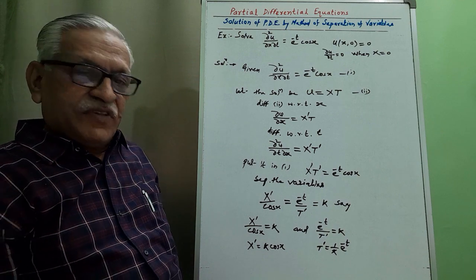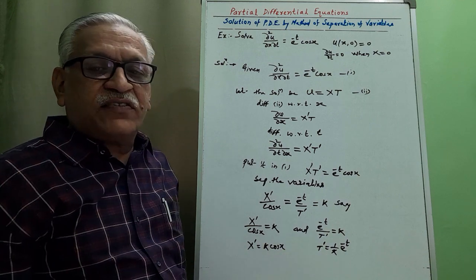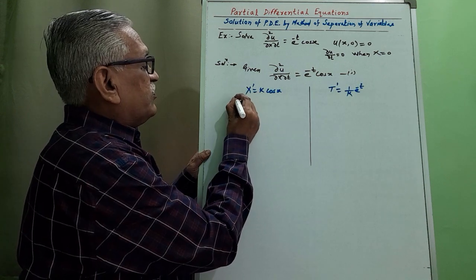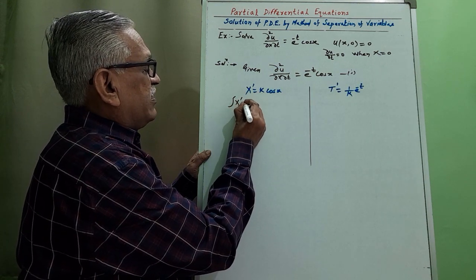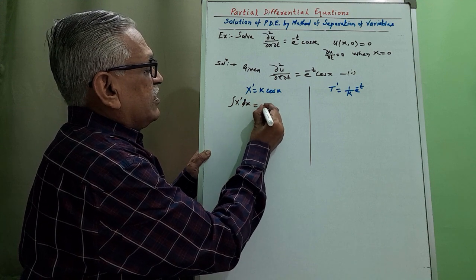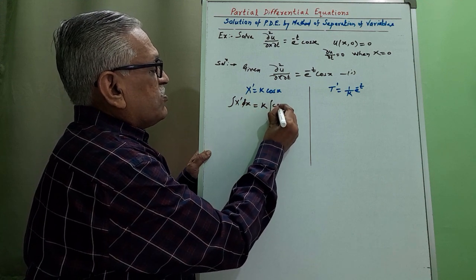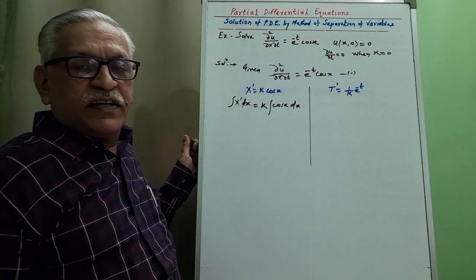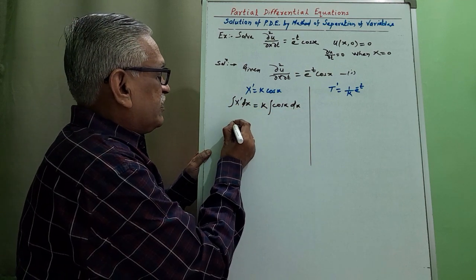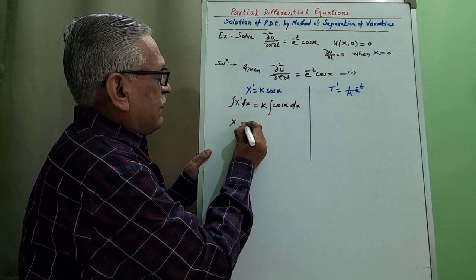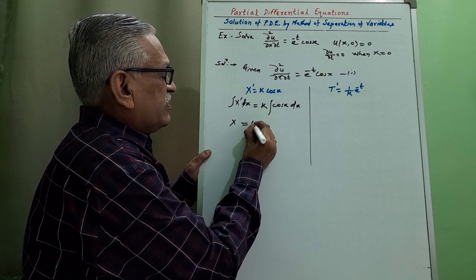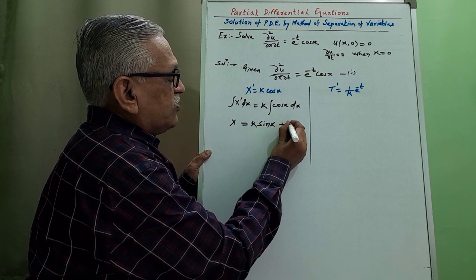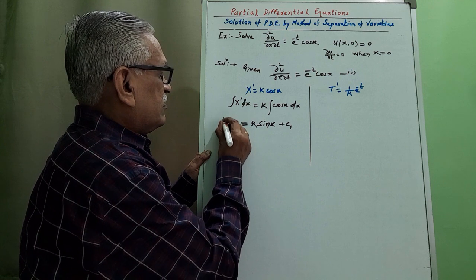And then after getting the values of X' and T', we try to integrate with respect to that variable. Integrating X' with respect to x, with k constant outside, the integration of cos x with respect to x, we get X = k times the integration of cos, which is sin x plus the constant of integration c1.